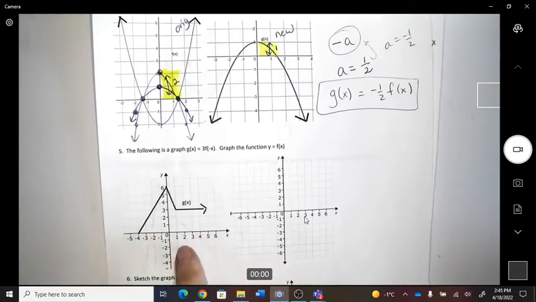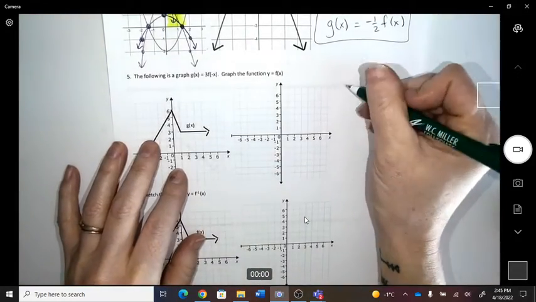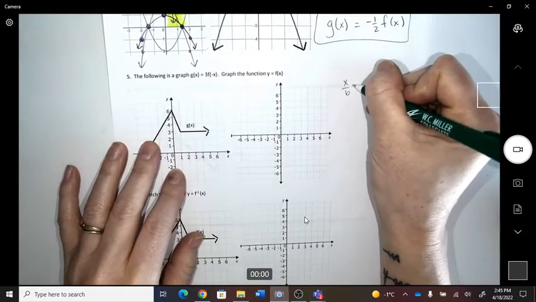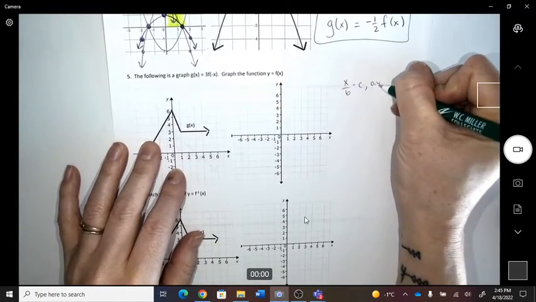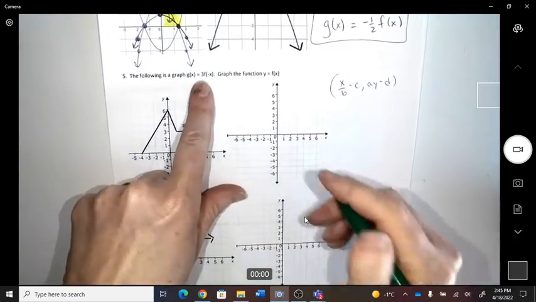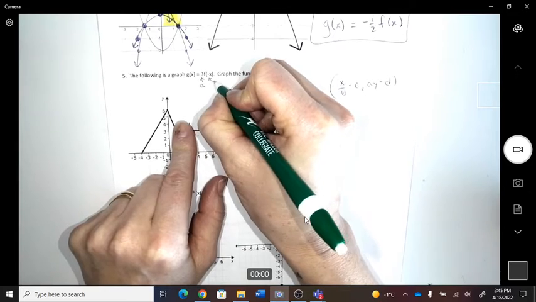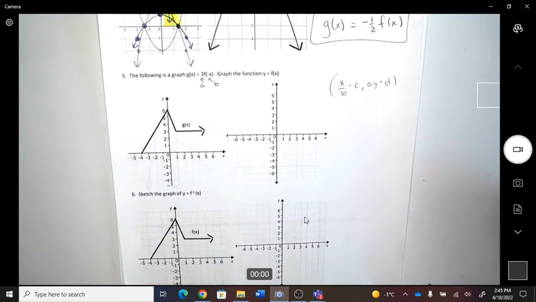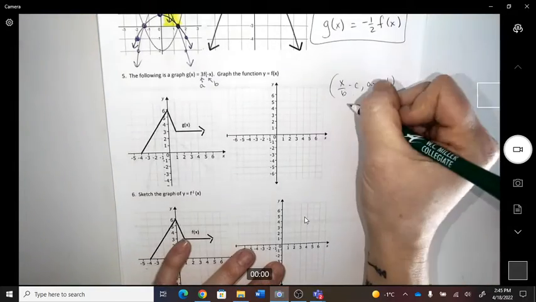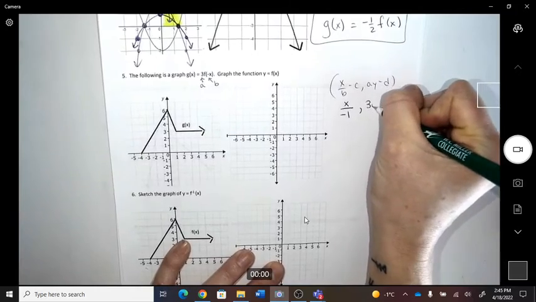Okay, graphing this. Okay, so I'm going to make my, remember this? I'm going to make that. Okay, what do we got here? 3, that's an A, and -1 is a B. Okay, so it's going to look like this. X divided by -1, 3y.